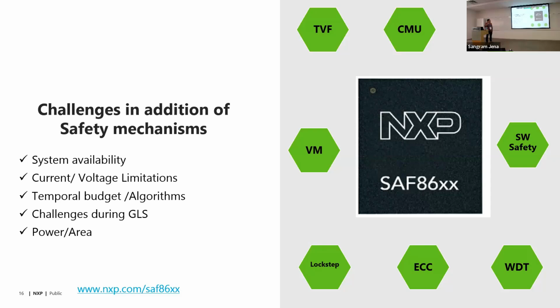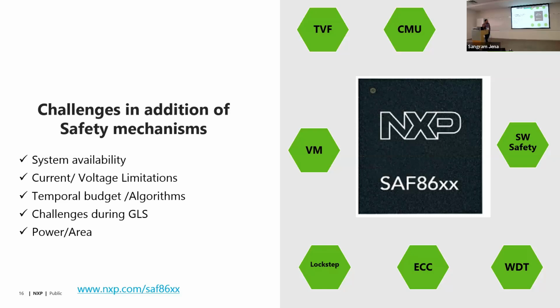You can have periodic self-testing, but it comes at a cost of system availability. It also has implications on currents and voltages, because if you put the entire chip or at least some part of the chip under self-test, you can assume the current consumption and the voltage will be pretty high. So you have to make sure that you are adhering to the current and voltage budgets.